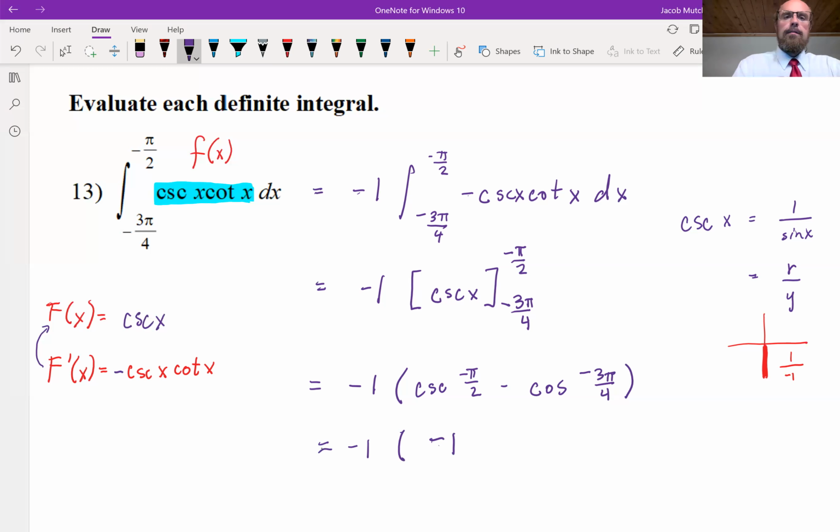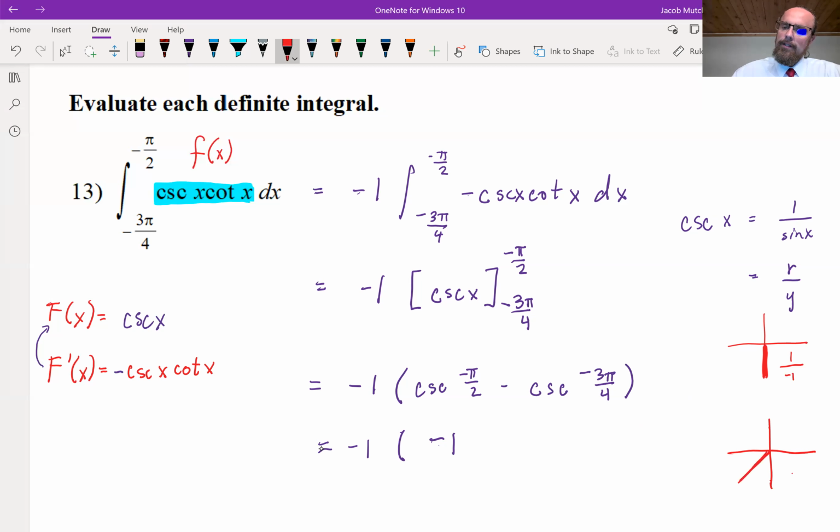And then let's think about the value of cosecant. Ooh, I've got it written as cosine. Let me make sure that that's cosecant at -3 pi over 4. So it is in the negative direction again. So -pi over 4 would be to 45. -2 pi over 4, that's what we saw above at -pi over 2. -3 pi over 4 is right there.